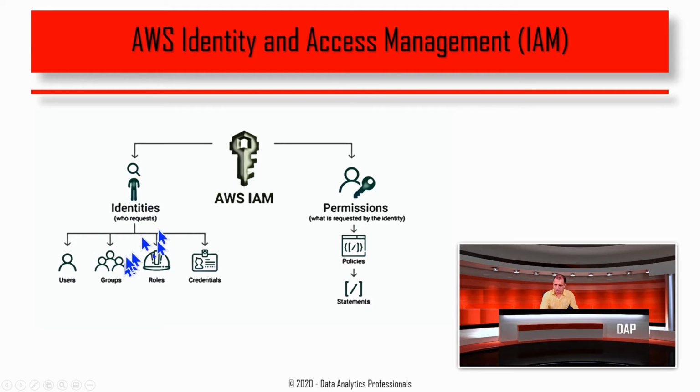Then it checks the policies and the policy statements, and then it allows or denies. So that is the role of AWS IAM: to see who is requesting and what is requested by the identity, and check it against the policy, and that policy checks against the statements.